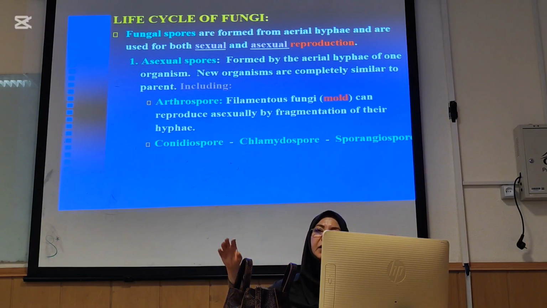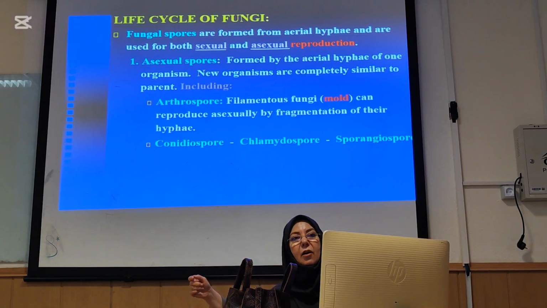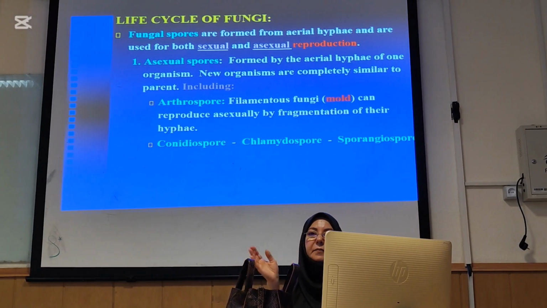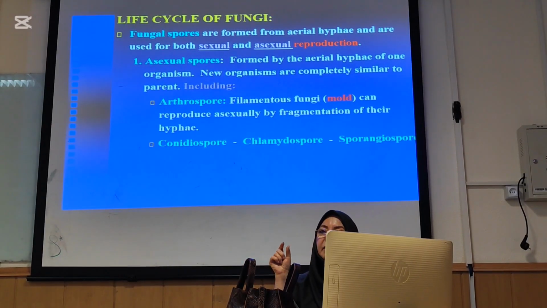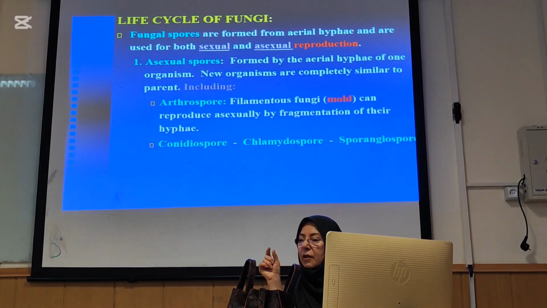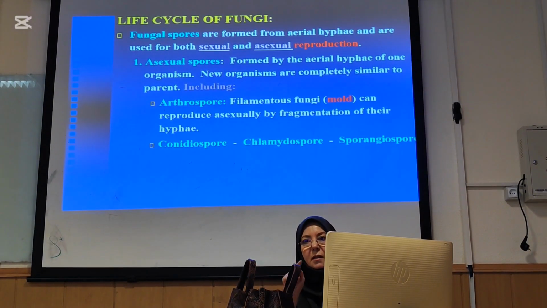When one hypha has asexual reproduction, it can separate from the end of the filament. One of these cells, usually seen as rectangular spores, is named arthrospore.